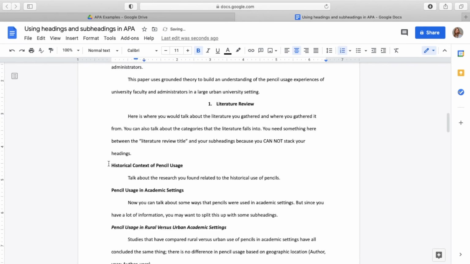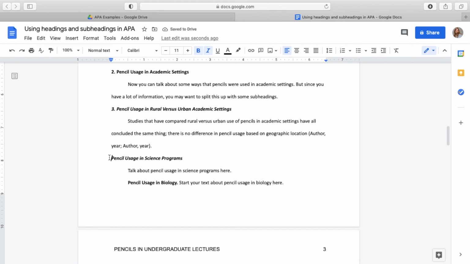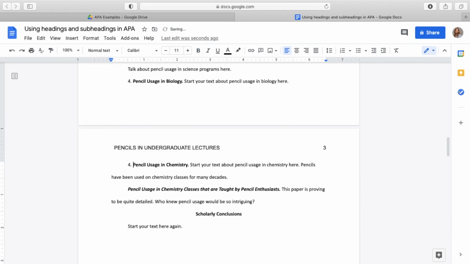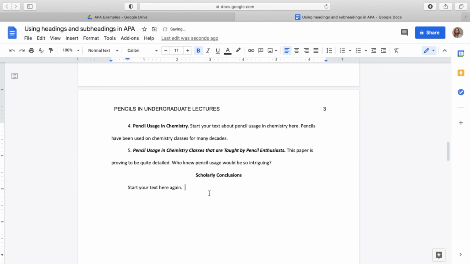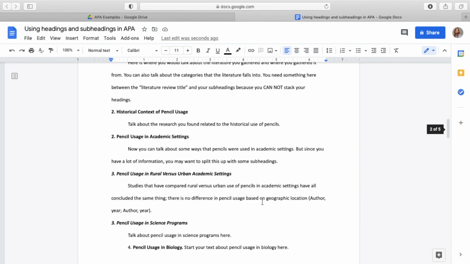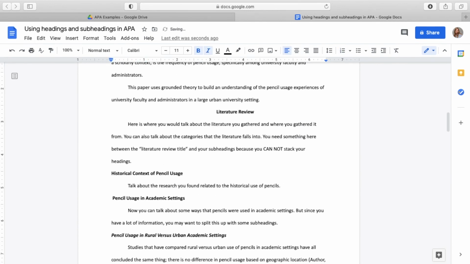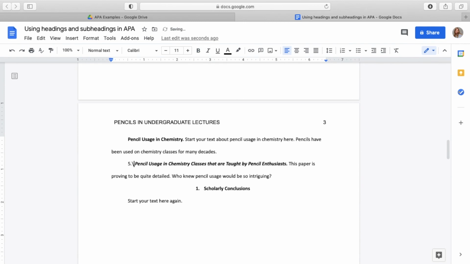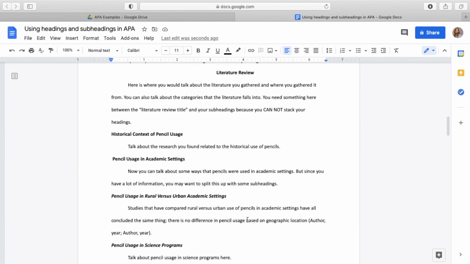So I'm just going to number these so that you can see what they are and see how the headings work. And then take those out so you can have a look.